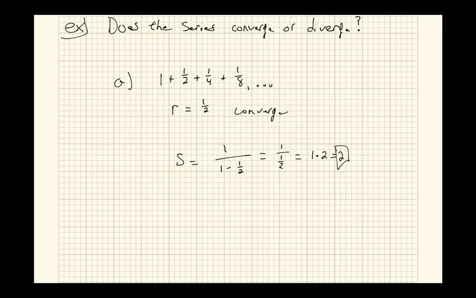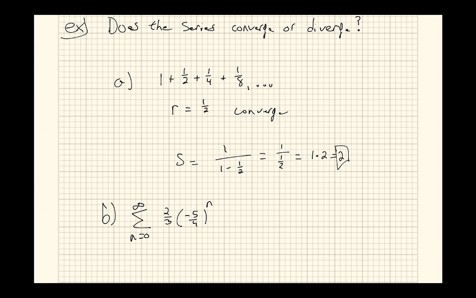Let's do one more. Does this converge or diverge? Let's do summation notation this time. N is 0 to infinity. You'll see this is how we would write an infinite series with this infinity symbol. Say we have a rule of 2/3 times negative 5/4 to the nth.